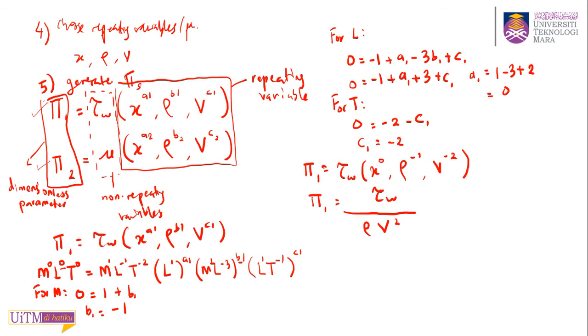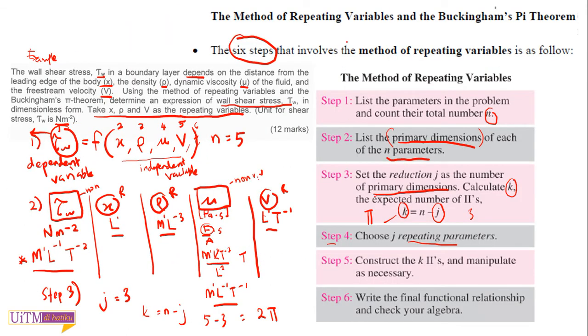In this method of repeating variables, the most important step is step 2. Step 2 determines whether your next steps are correct. If you did not get the primary dimension correctly, you will find a problem.